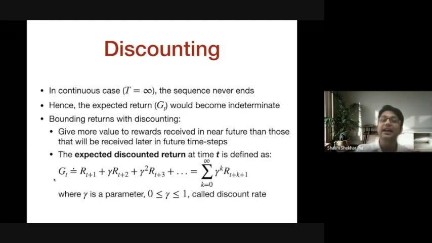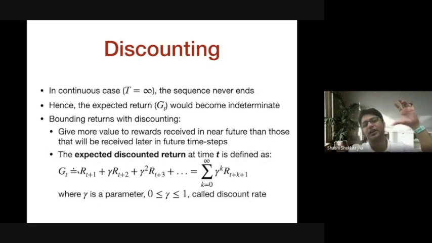And that helps me to bound my G of t. So now I can always calculate my G of t, because it is not going towards infinity, it is actually going towards 0. You will start with a very high reward R t plus 1, and as you go forward in time, the value of the reward is decreasing. So the summation finally will be a finite, or bounded, summation.